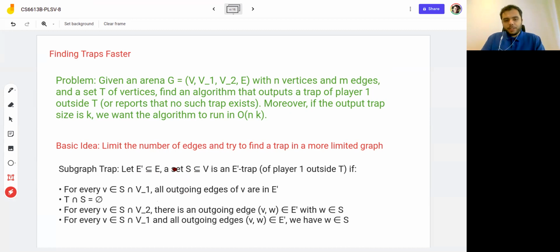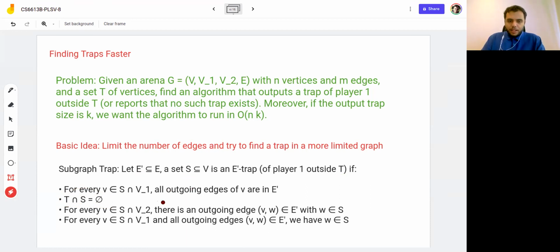So let's say that I have limited my graph and I'm only using the edges in E prime. When can I say that player 1 is trapped inside the set S? Of course, I want player 1 to also be trapped outside of the target set, so I want T and S to have no intersection at all, right? But when is player 1 trapped in S?